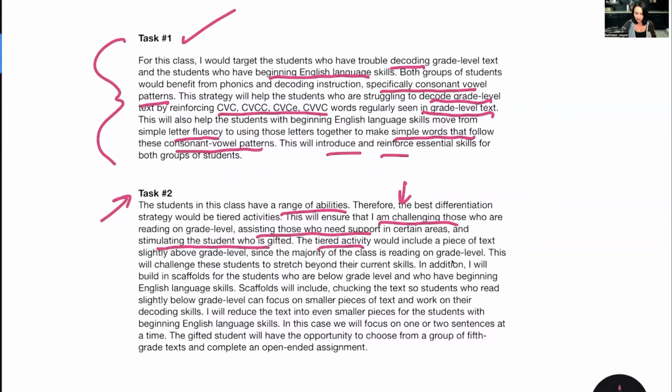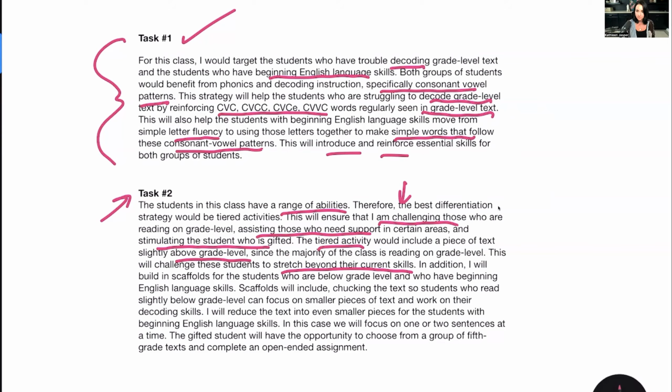The tiered activity would include a piece of text slightly above grade level, since the majority of the class is reading on grade level. This will challenge these on-level students to stretch beyond their current skills, because we always want to be pushing those students who are on level to move up, move up, move up. We're always pushing, right?